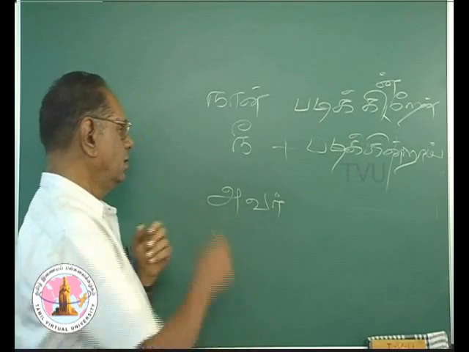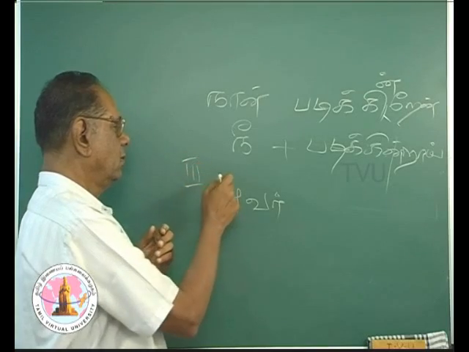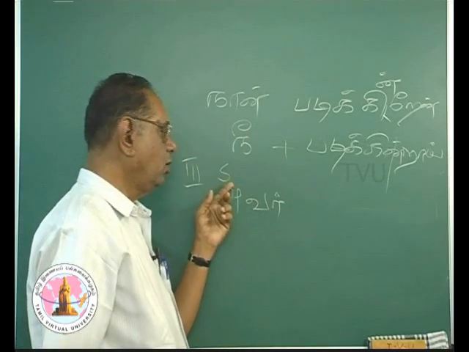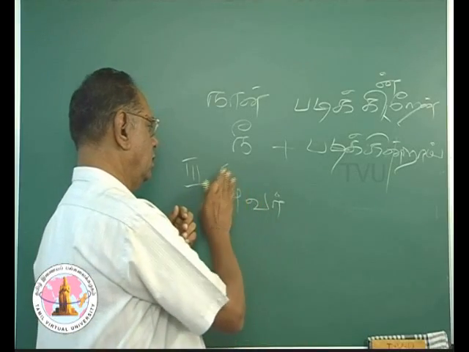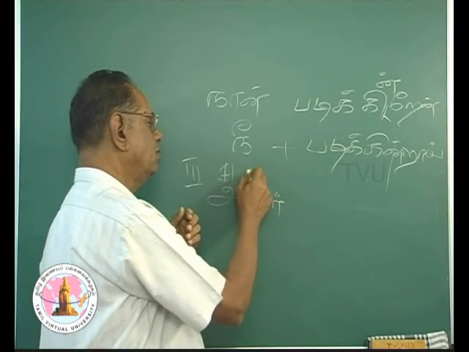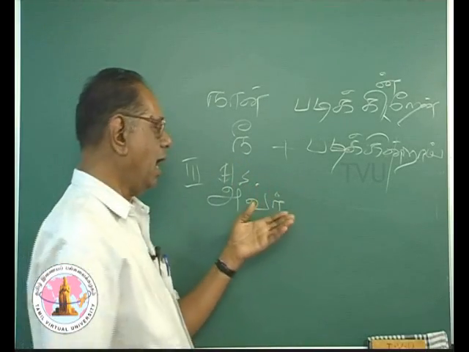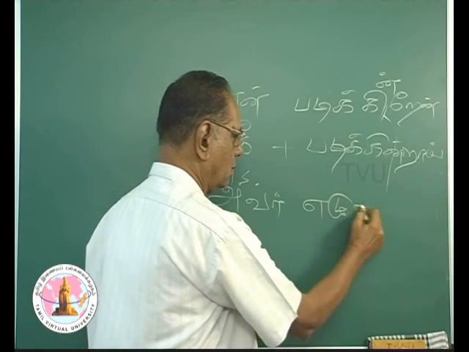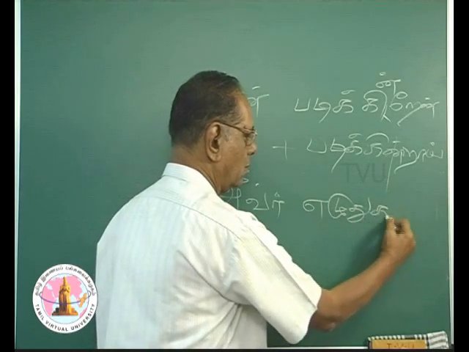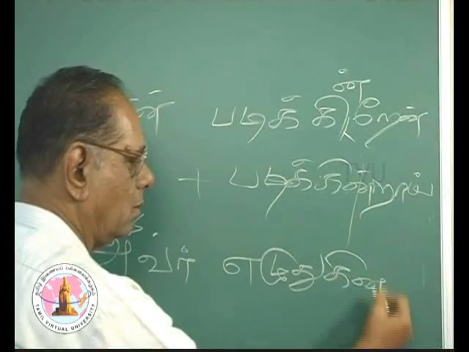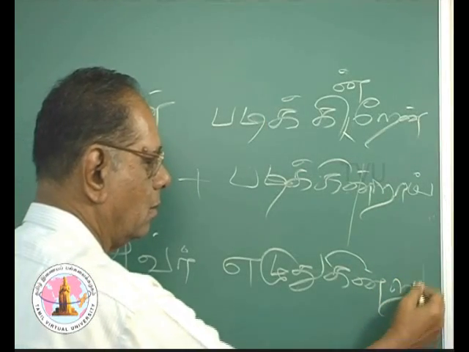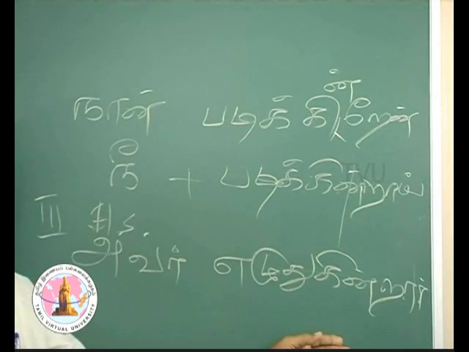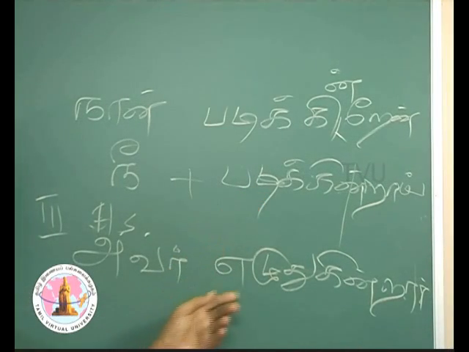Our is third person singular and what singular? Honorific singular. Our எழுதுகின்றார். So for padi it will be படிக்கின்றார்.